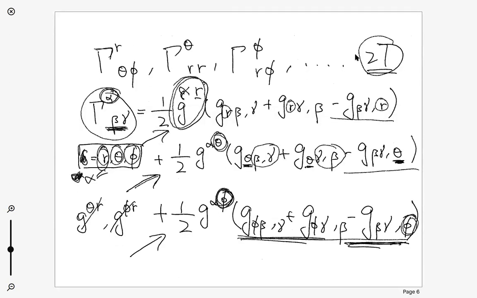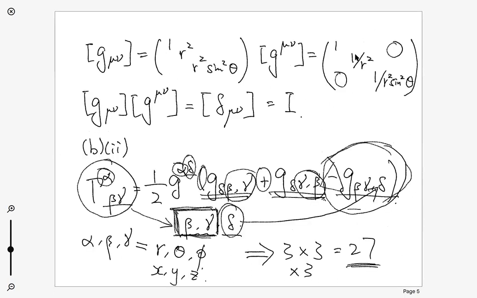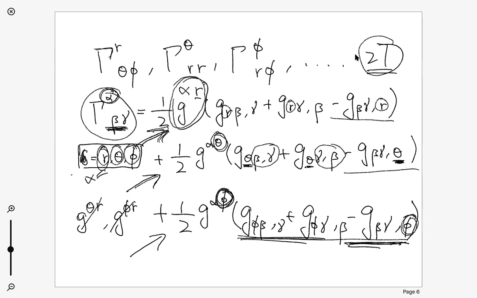But it also means that when alpha is R, this whole chunk of things should not be 0, because if alpha is R, then obviously GRR here is not 0, and the whole chunk of things at the back here may not be 0. But what about the second chunk of things and the third chunk of things?